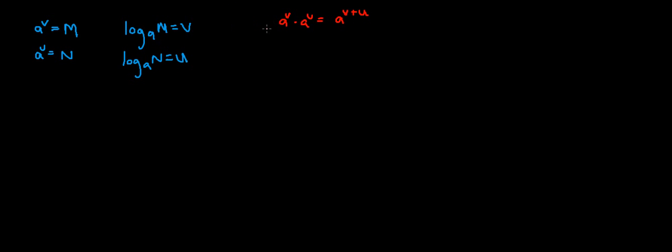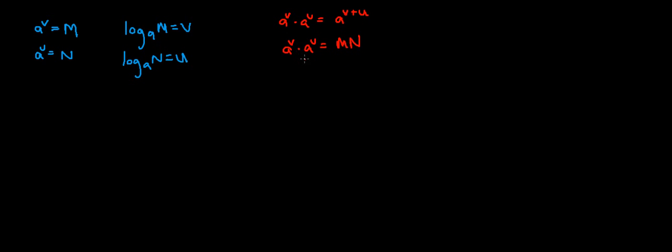Actually, this is a better way of explaining it. A to the v times a to the u is going to be equal to m times n, right? A to the v is equal to m. A to the u is equal to n. If we multiply these together, they're equal to m times n.